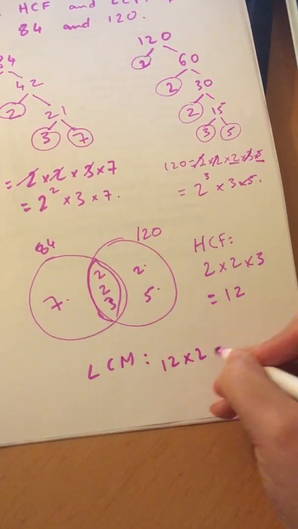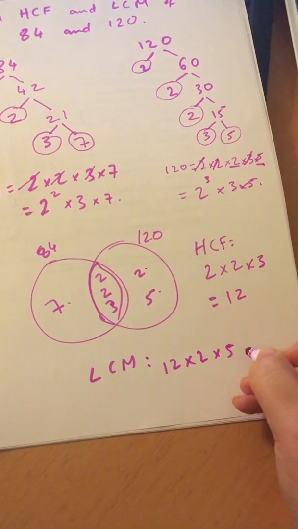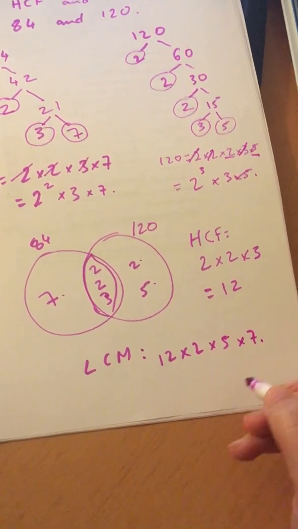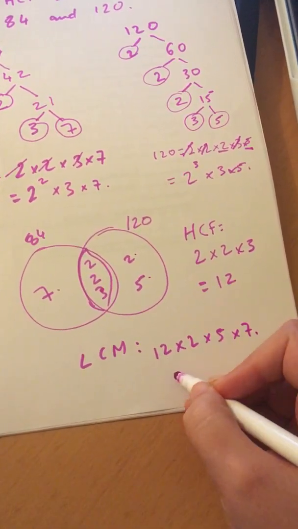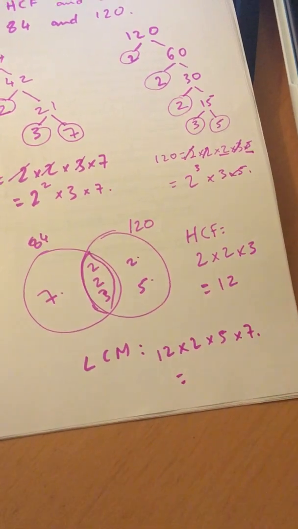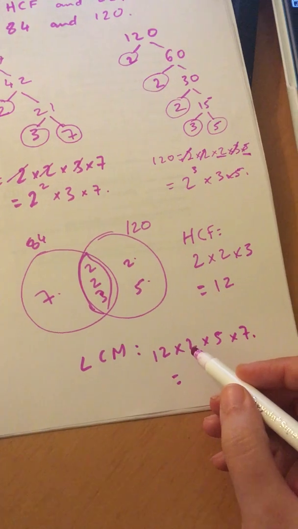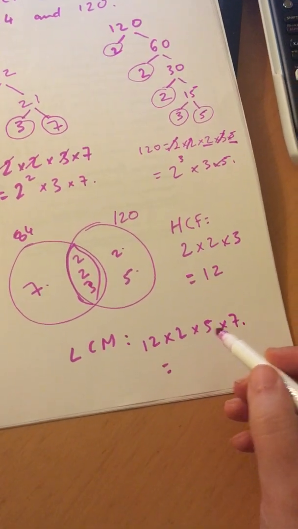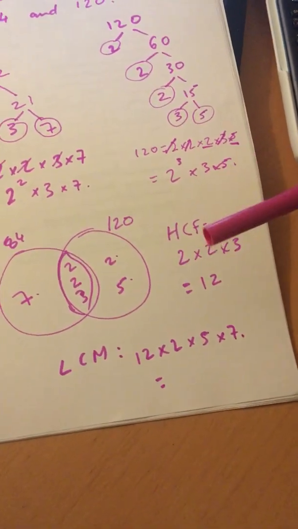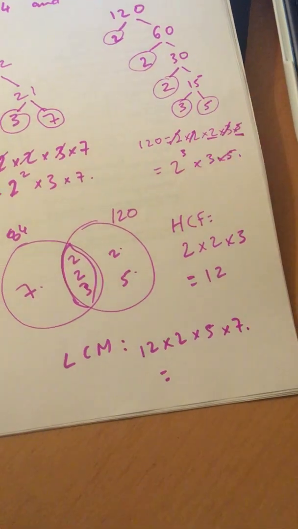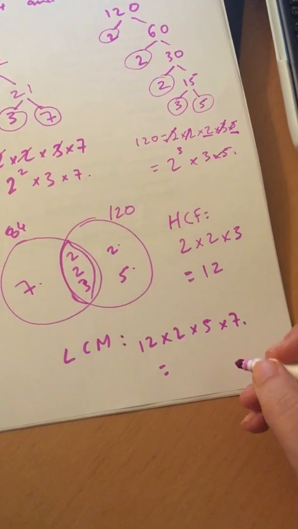So I've got 2 and 5 and a 7, and I multiply this together and that will give me the LCM. So that's 12 times 2, 24, multiplied by 5 is 120, multiplied by 7, 15 times 7 is 840.